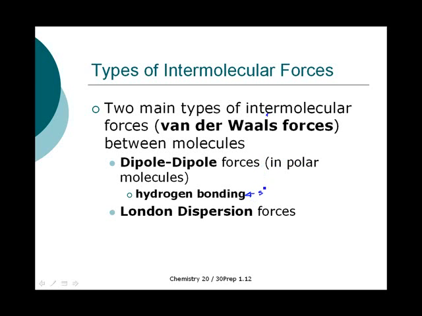It's actually the strongest intermolecular force. It's still weaker than a covalent bond, but it's stronger than normal, everyday dipole-dipole forces, and it's stronger than London dispersion forces. London dispersion forces have to do with electrons, the dispersion of electrons.